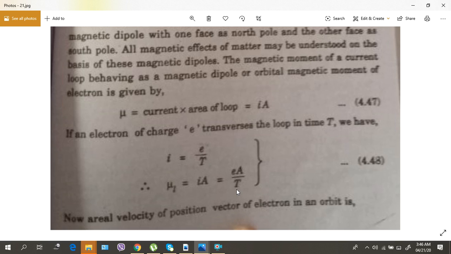Why we discuss the areal velocity? Because when the electron is orbiting around the nucleus, there is the angular momentum. And in the case of the law of area, Kepler's second law, you studied it in the mechanics 2 course.